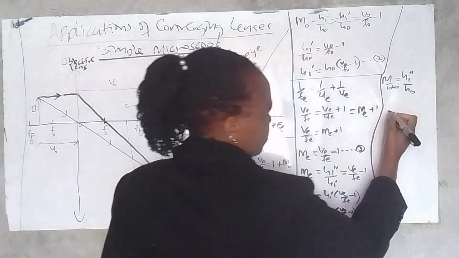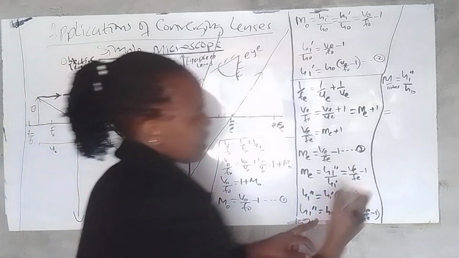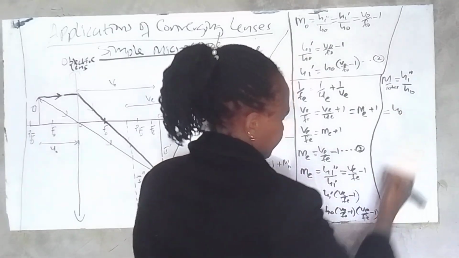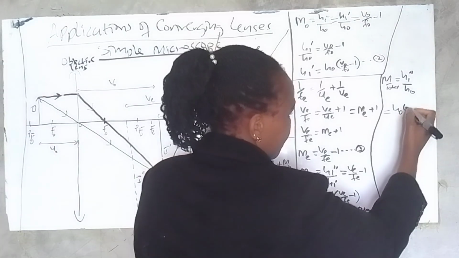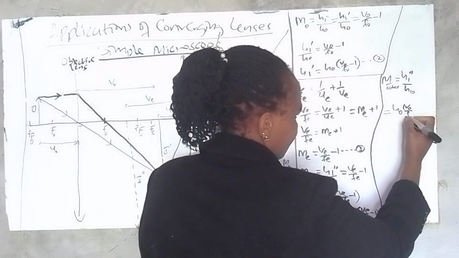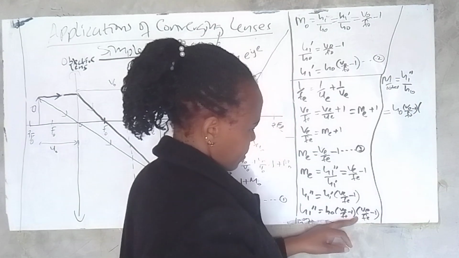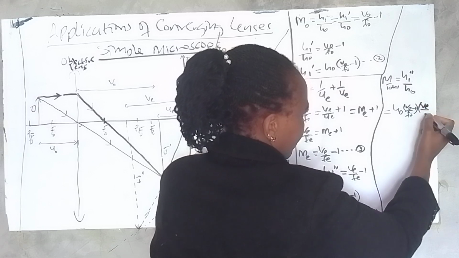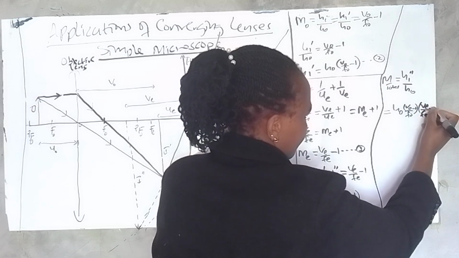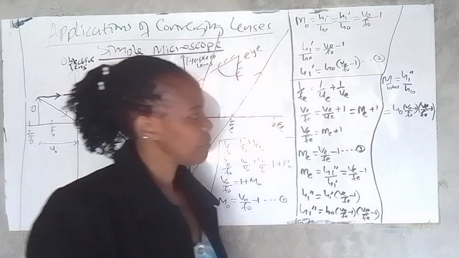So let's put it into place. What is HI prime prime? It is H naught into V naught over F naught minus 1 into VE over FE minus 1. Okay? Don't get lost.